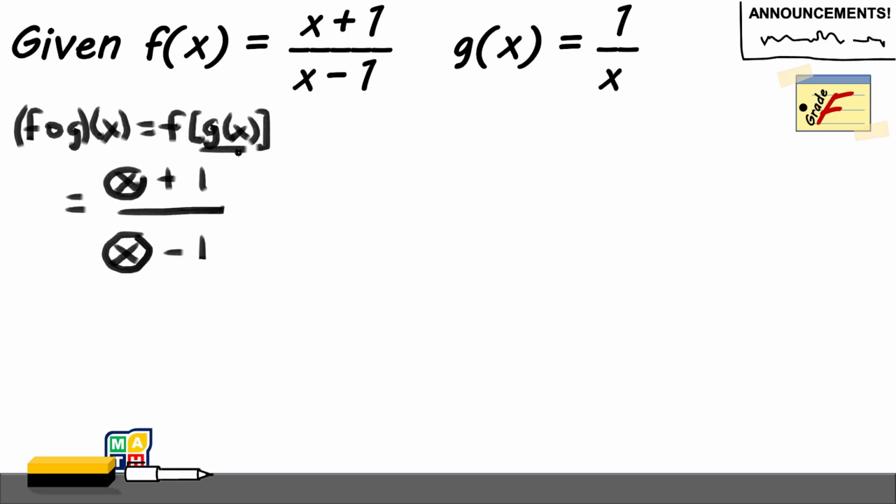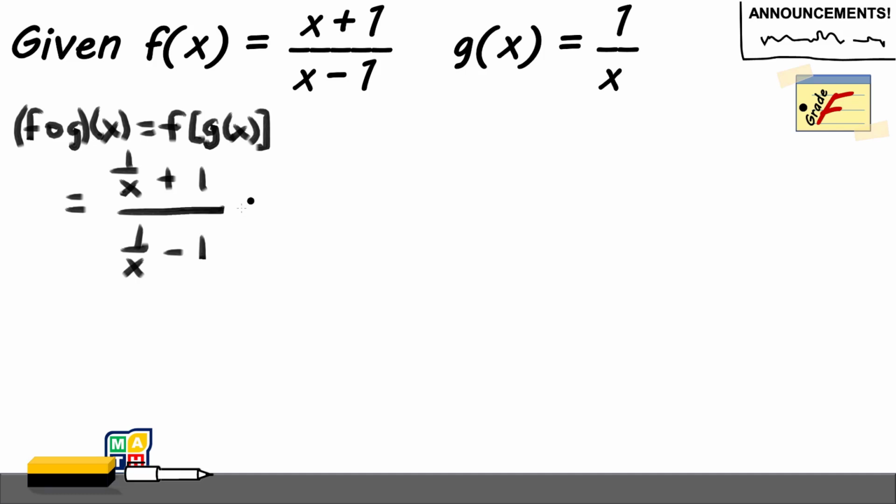And this is how we'll do it. The g of x is 1 over x. So we'll have 1 over x here and 1 over x here as well. So again, you have 1 over x, this is your original x earlier, plus 1. And then you have 1 over x, this is your original x earlier, minus 1.